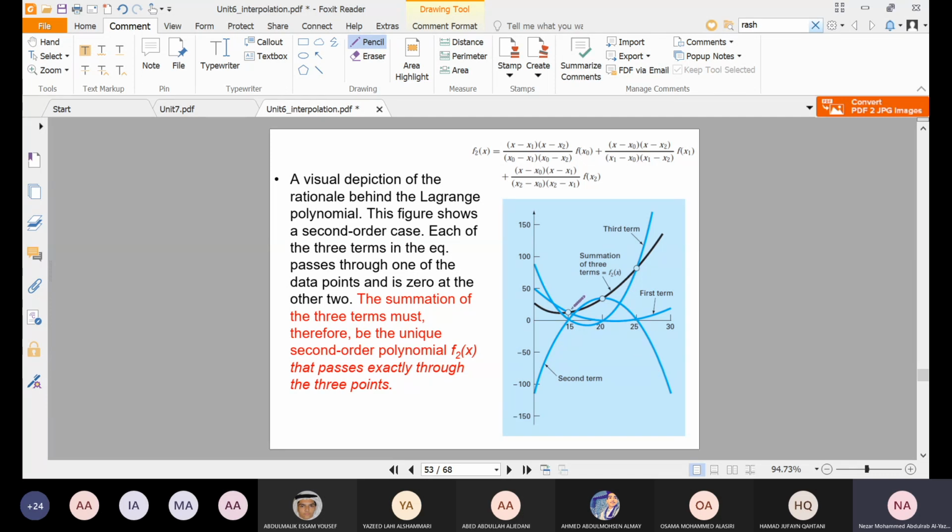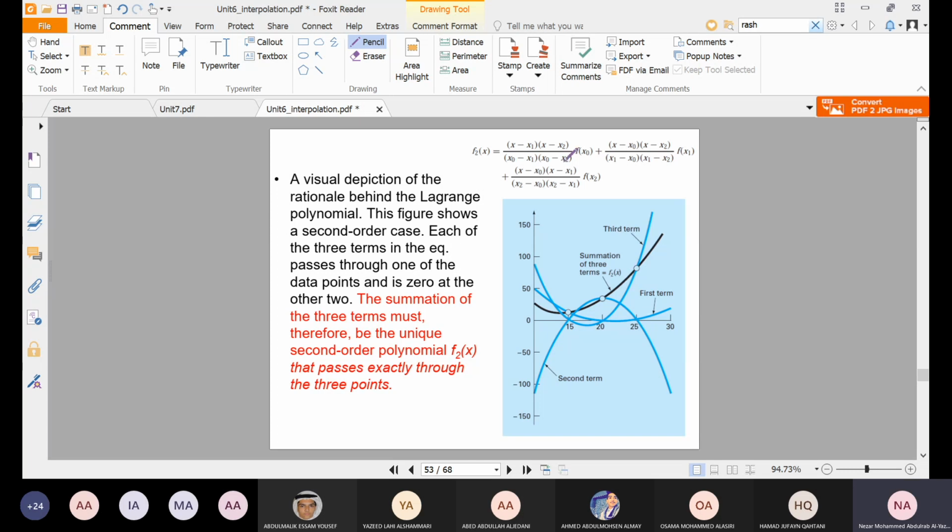When you use the third term, we cross a single data point here. So this is the polynomial, the summation of the three terms. If you sum the three terms in the second order, it will connect the 3 points. You can see it connects this point, this point and this point.